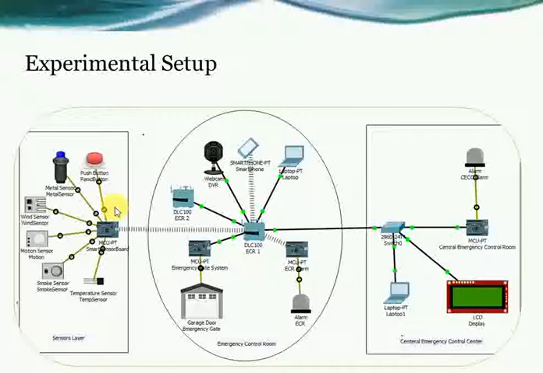You have to listen to these points, how I programmed the MCU. These are the microcontroller units where all the servers are attached, and this is the emergency control room. This is the fog layer, and all data is sent toward this server, and after that this data is sent to the cloud server.